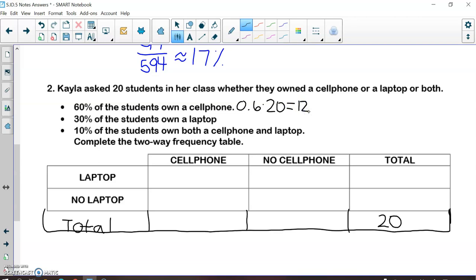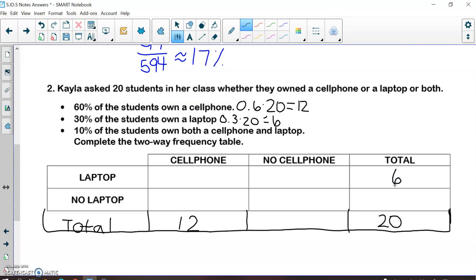So in the cell phone column, there's 12 students. 30% of students own a laptop. So 30% converted into a decimal is 0.3, and if I multiply that by the 20 students that she surveyed, I would wind up with 6 students. So 6 of the students owned a laptop, so that's this right here.